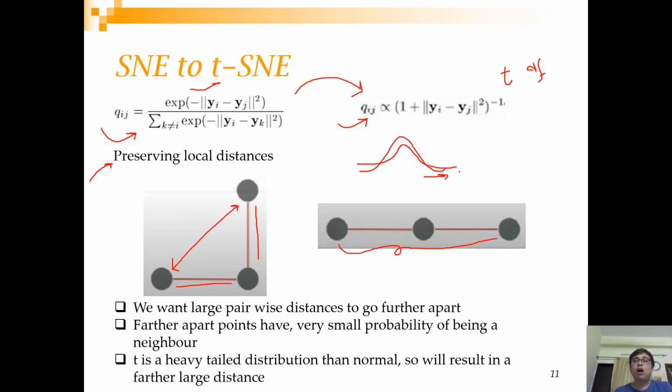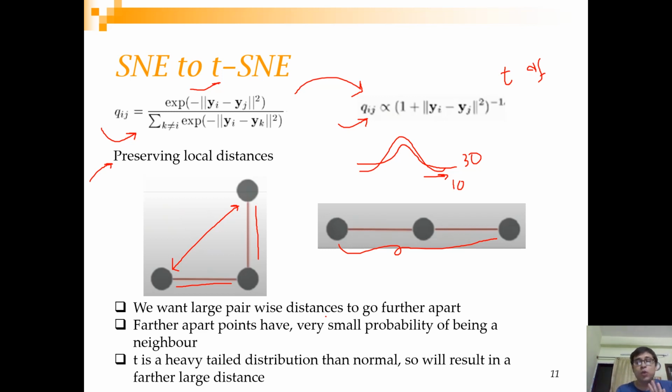To get a very small probability, if in the normal distribution you had to go to a distance of 10, in the t distribution you will have to go to a distance of 30. This will help us put more weight on these large pairwise distances. That actually motivated the authors to move from SNE to tSNE.